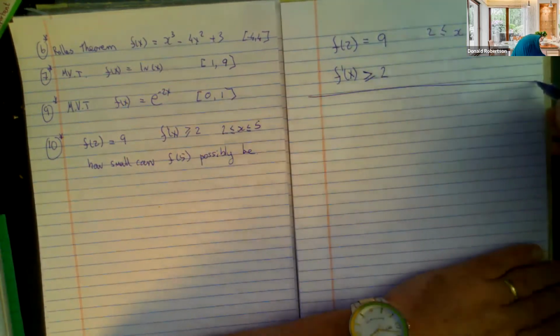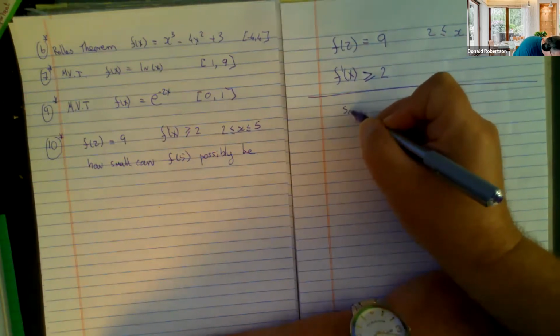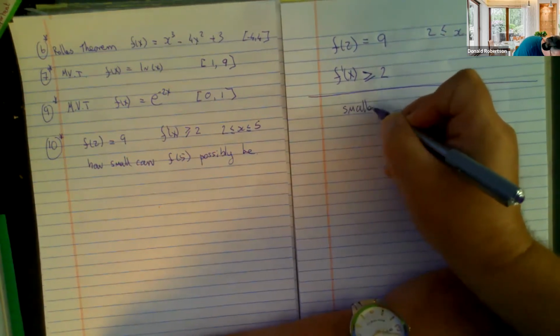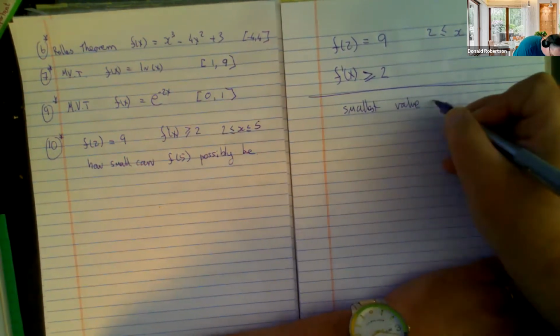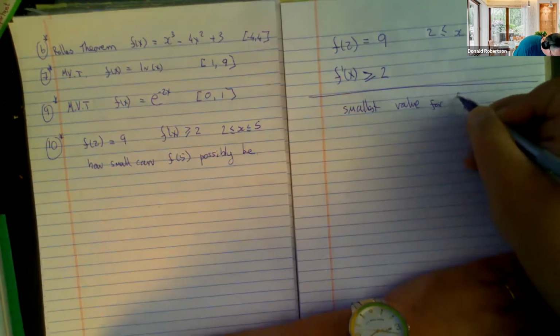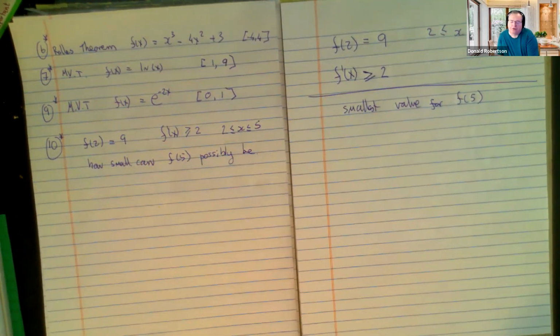So that's what they tell you. And you're being asked to find the smallest value for f of 5. Now, superficially, that looks impossible because I have no function. I don't know what f of x is. So how am I going to be able to find what the smallest value is?